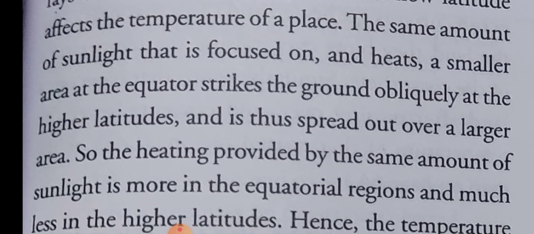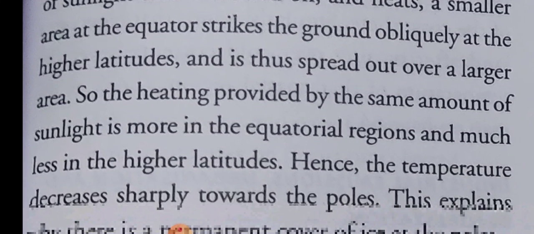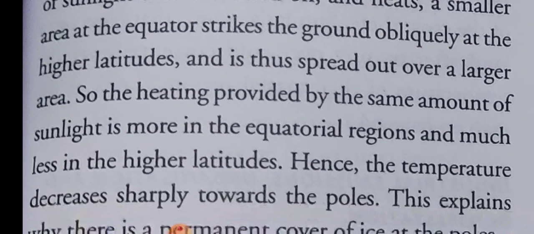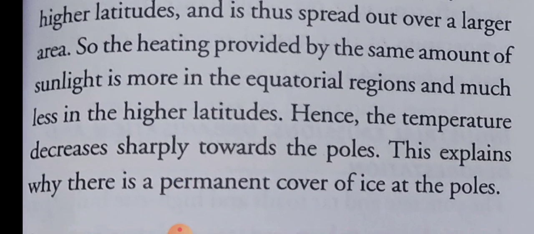So the heating provided by the same amount of sunlight is more in the equatorial region than at higher latitudes. Hence the temperature decreases sharply towards the pole.